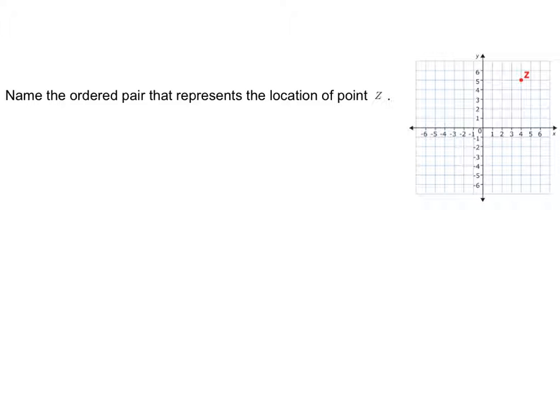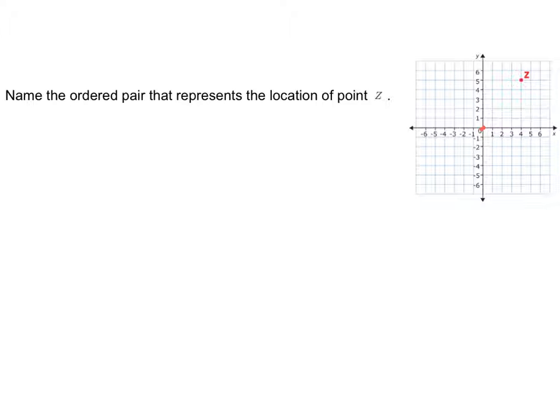So we are going to start naming ordered pairs that are represented by a point. In this example, we've got the point Z. To do that, we always start at the origin, where they meet. Now, we need to get to point Z. We look at the x coordinate first. We look at how far either left or right we have to move.